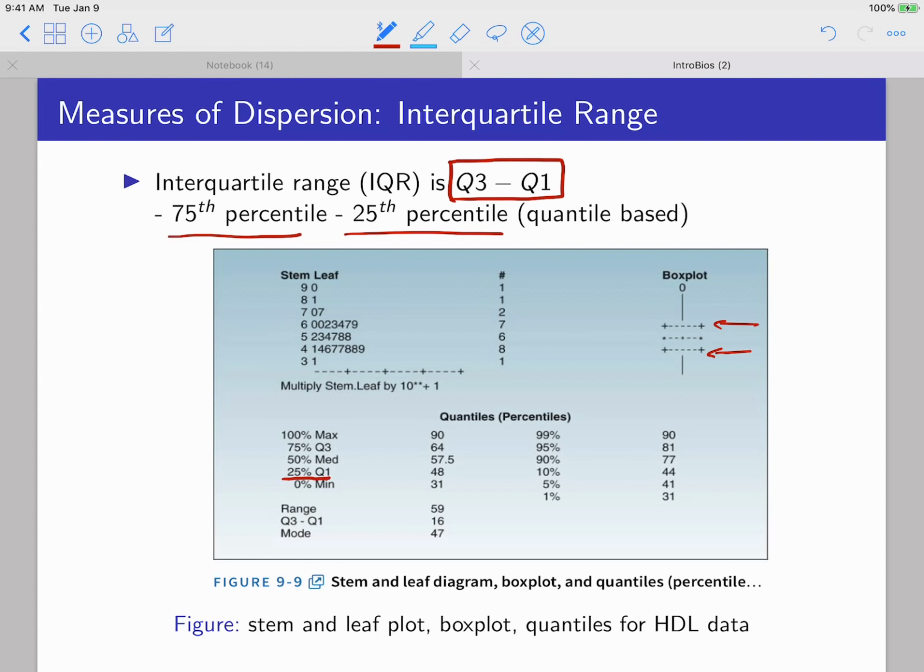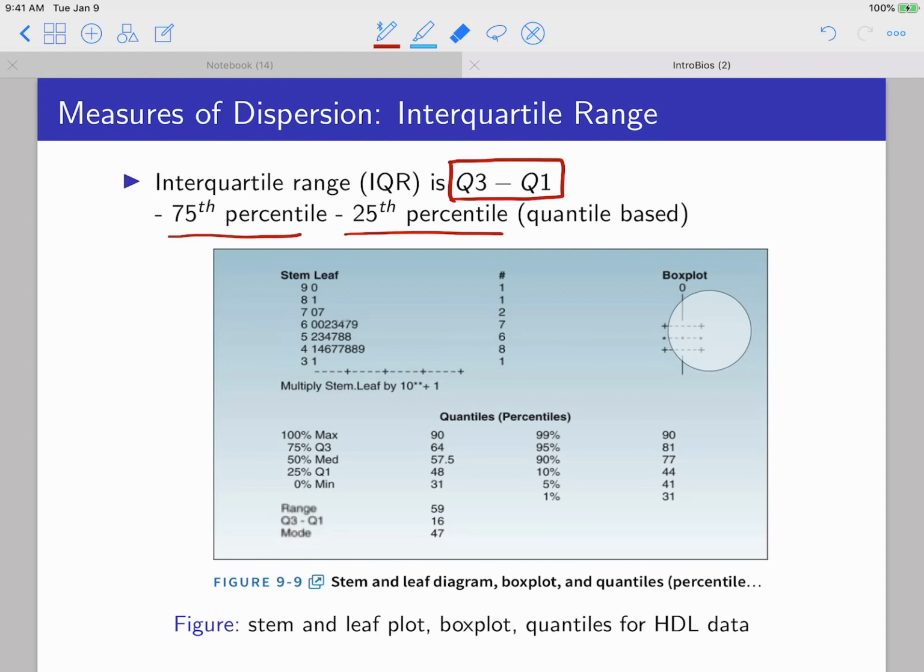Q1 was computed as 48 from the data. The median is 57.5. Q3, or the 75th percentile, turned out to be 64, so that would be this observation. And you have output about the range, the IQR, which is Q3 minus Q1, and the mode.